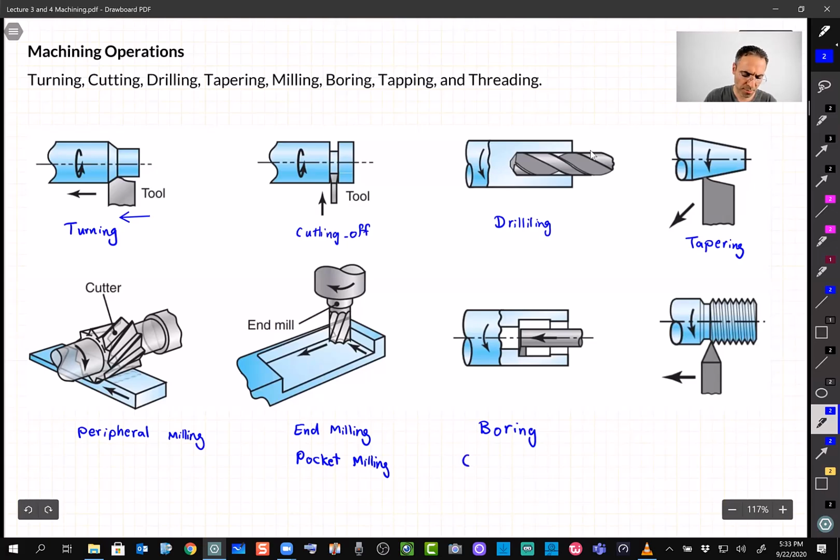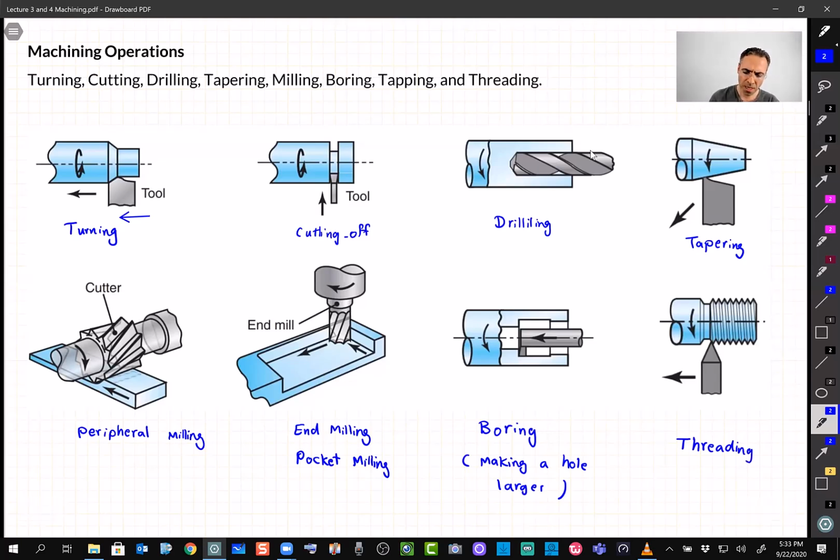Making a hole larger. Because with drilling, we have some limitation. We cannot go with a very large diameter drill bit. And the last one, as the schematic shows, is the threading process, which is another type of turning process.